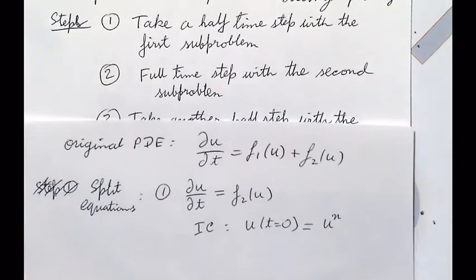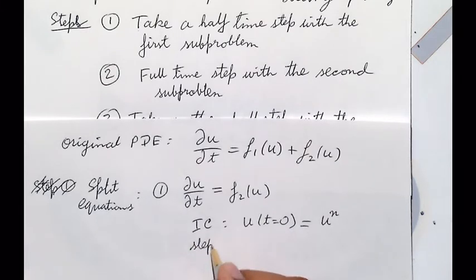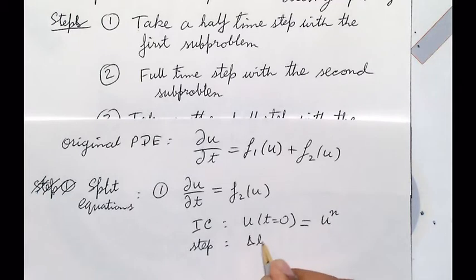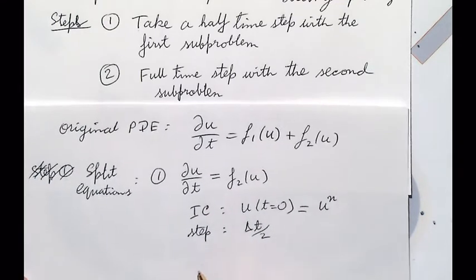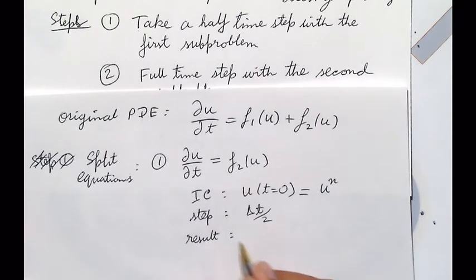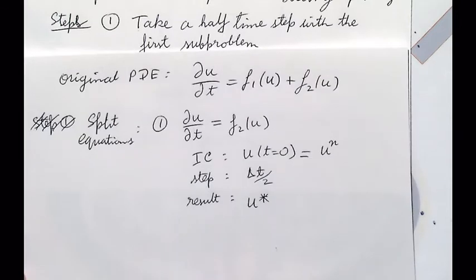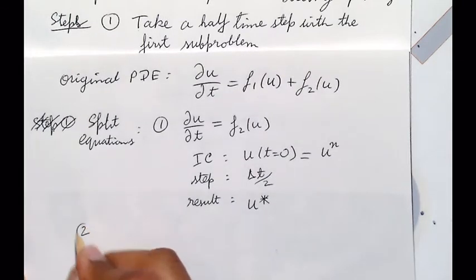It doesn't matter. And what is the step size? Step size is Δt over 2. Okay, and what is the output? It's U star.